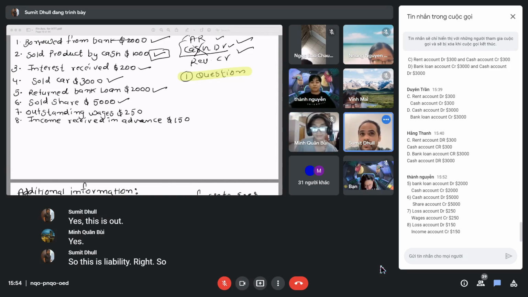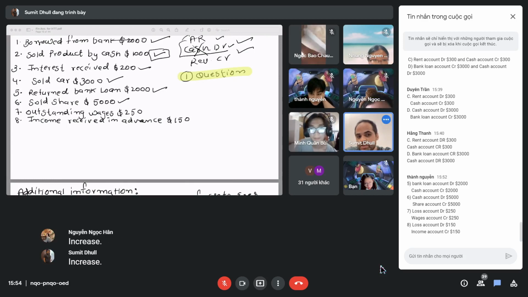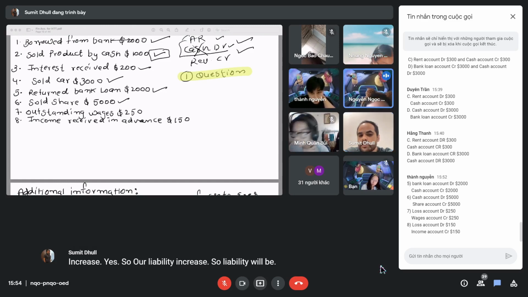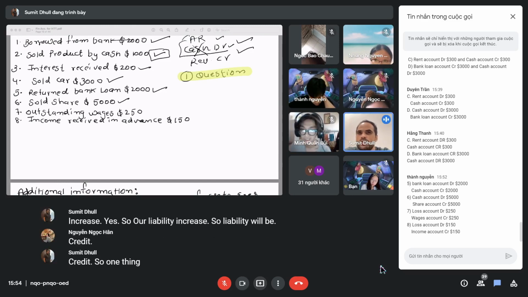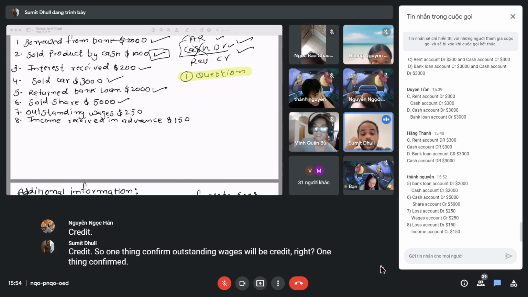So liabilities, is it increase or decrease? Increase. So our liability increases, so liability will be credit. One thing confirmed, outstanding wages will be credit, right?